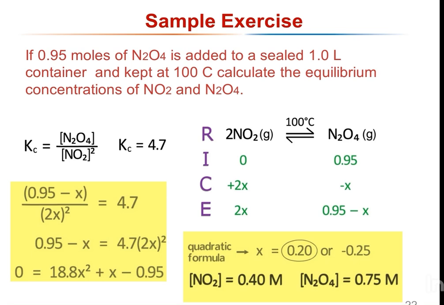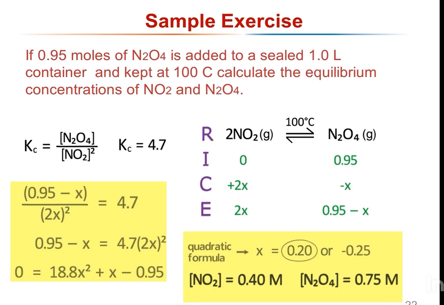K is the product, which is the NO2 concentration or molarity, squared, divided by the N2O4 concentration. And now we have the K, which is 407.